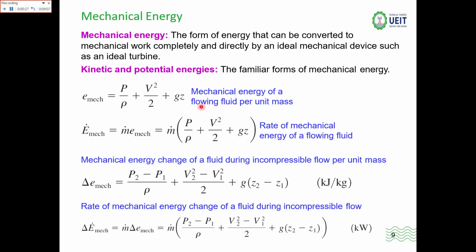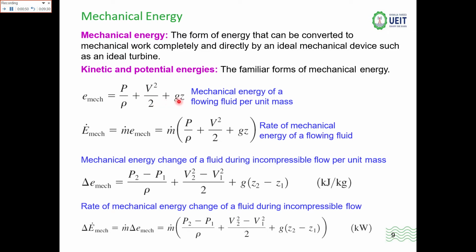as that fluid is flowing, per unit mass, becomes E_mech = P/rho + V^2/2 + gz. Here P is the pressure, and it is the energy per unit mass, so the masses are basically cancelled out with each other.